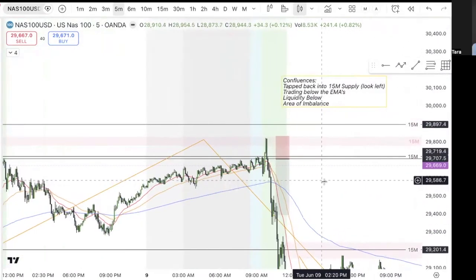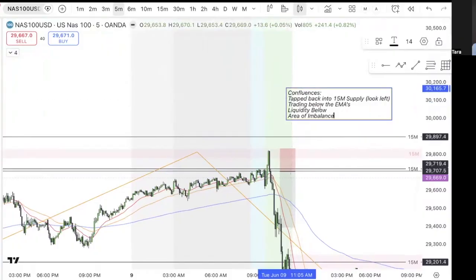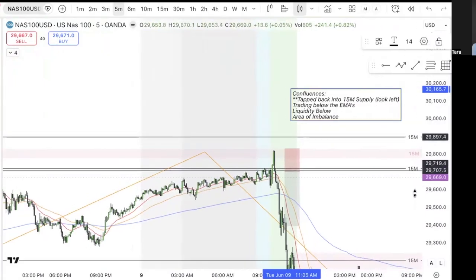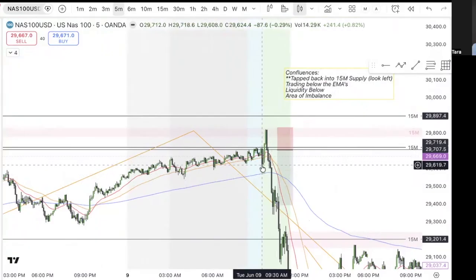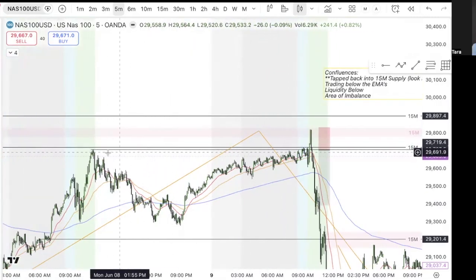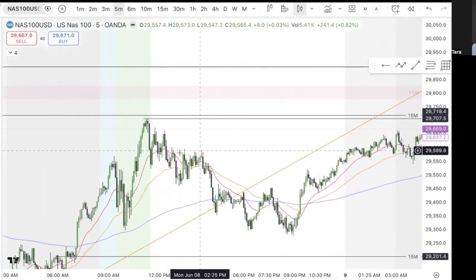One of the most important confluences is that we are in the right location, and that's where this tapped back into the 15-minute supply area comes in. That's very important. We talked about how if we entered here, that would have been too early. When we look left from here, we are in an area that is serving as resistance. However, the drop wasn't that strong.